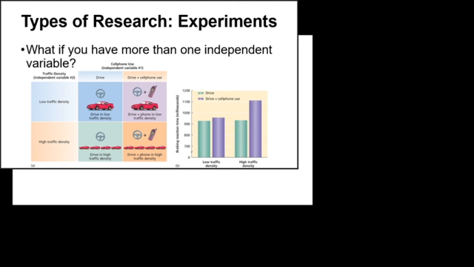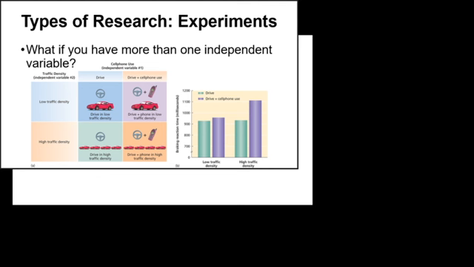But in high traffic density, the distracted drivers take a lot longer to stop. And because that difference between the sets of bars is different between those groups, we see an interaction where distracted driving is more detrimental, specifically when there's high traffic density.